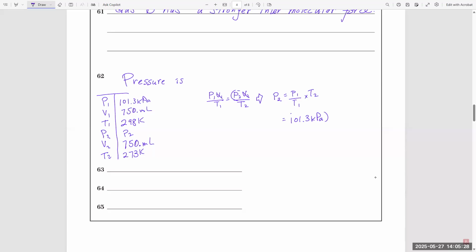Don't forget to write units because it's going to tell us if we're doing things right or wrong. T2 is 273 kelvins. Be careful that you don't plug in the wrong temperature. All over 298 kelvins.